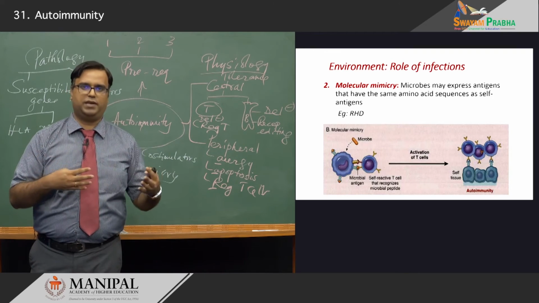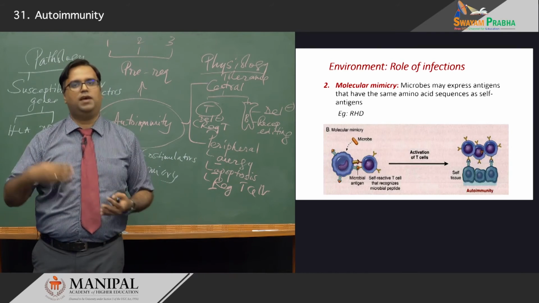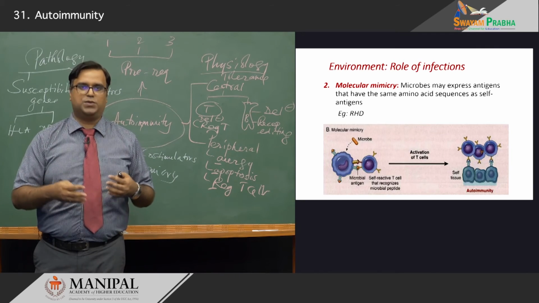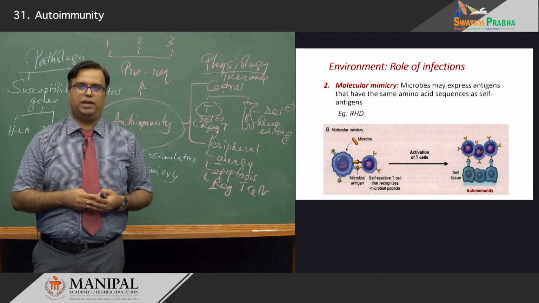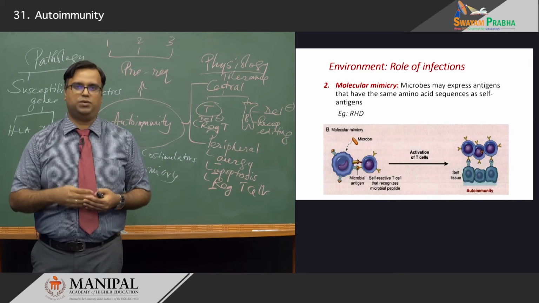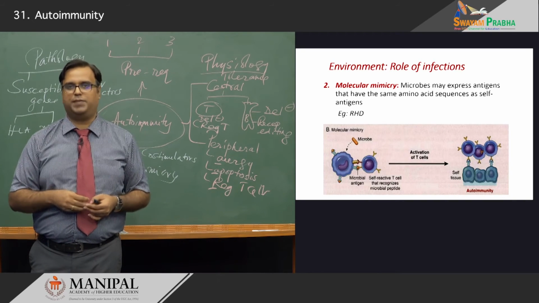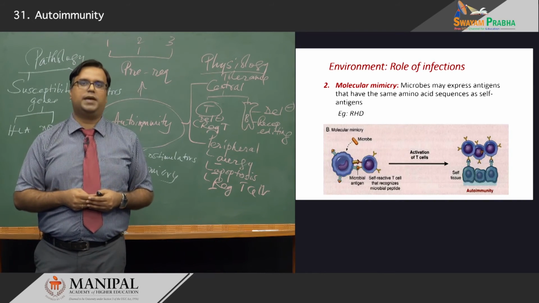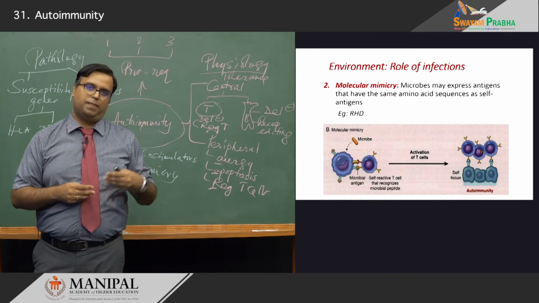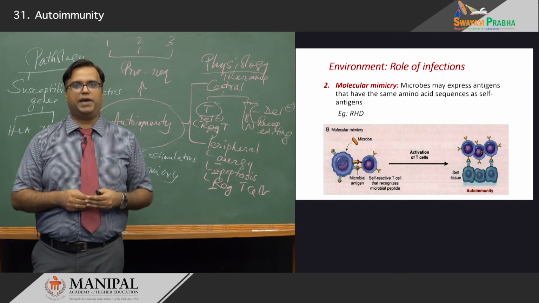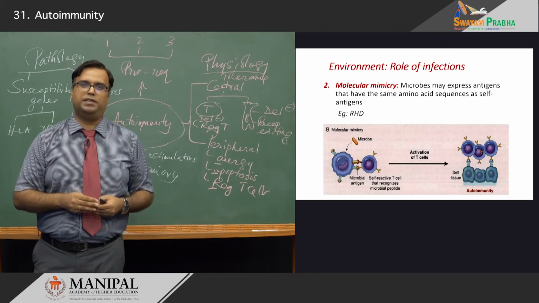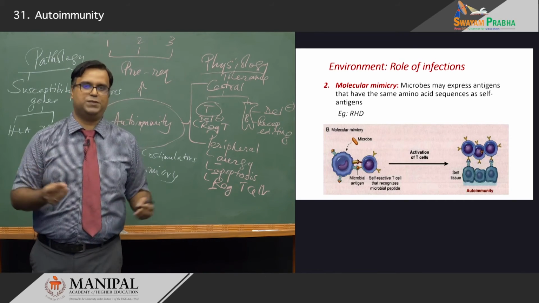It doesn't know what to react to, so it will react both against the microbes as well as the body's own tissue. So, it mimics at the molecular level, resulting in damage to the tissue. A typical example of this is type 1 diabetes mellitus, where in a response mounted against a virus, you have a bystander effect over the islet cells, and the beta cells of course will be destroyed.